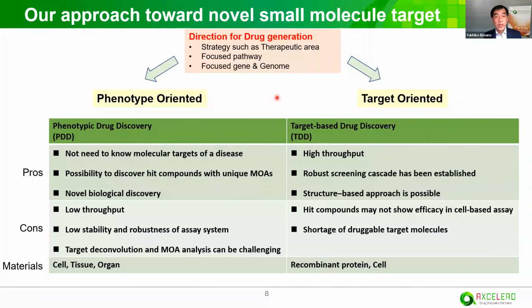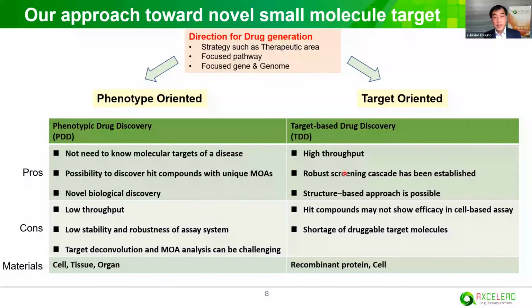For example, phenotypic oriented, I mean phenotypic drug discovery, does not need to know the molecular target of the disease, and it is possible to discover compounds with unique MOA, but this is low throughput.